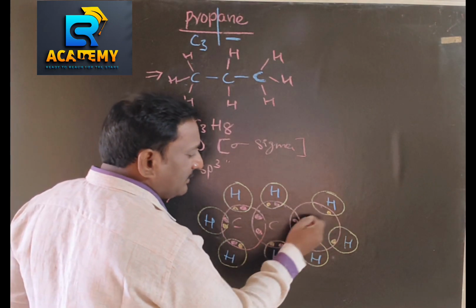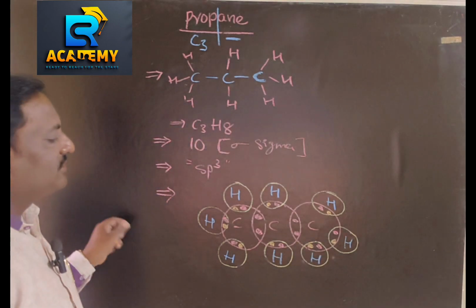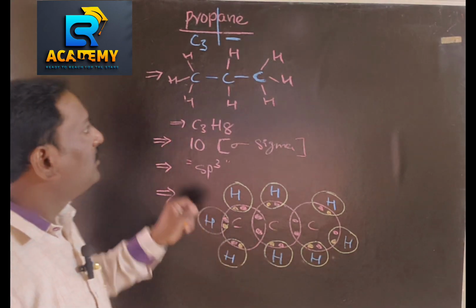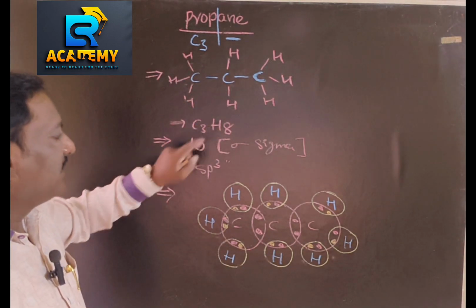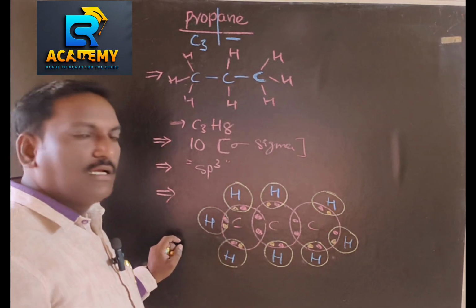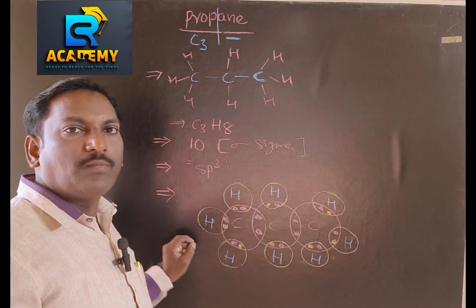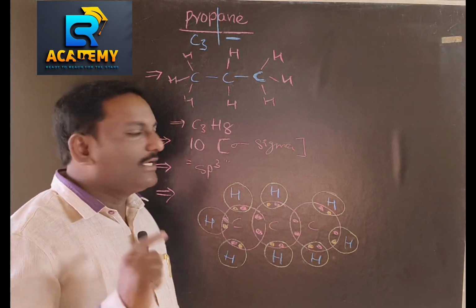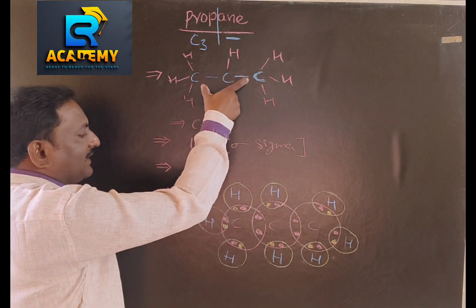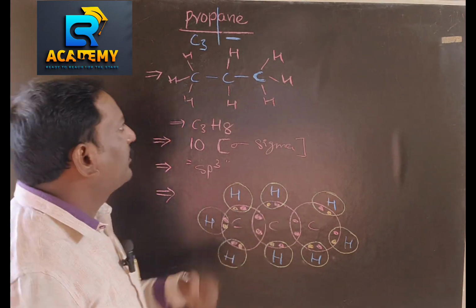This carbon 1, 2, 3, 4. So this is the Lewis dot structure of propane. Propane chemical formula C3H8. Number of covalent bonds in propane is 10, all sigma bonds. Next one, all carbon atoms in propane undergo sp3 hybridization. This is the detailed structure and this is the electron dot structure. Make a note.